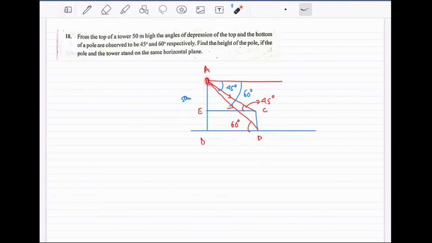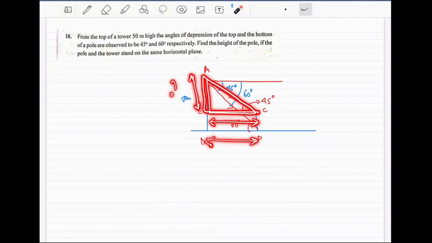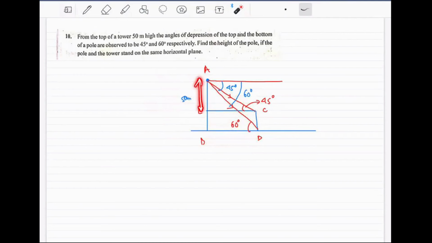Now, when you take this triangle, CE will be known because it will be equal to BD right here. And then we can find out the value of AE. AE is not 50. 50 is this whole thing. You can find out AE. Let's say I obtain AE as 20. This whole thing was how much? It is 50.